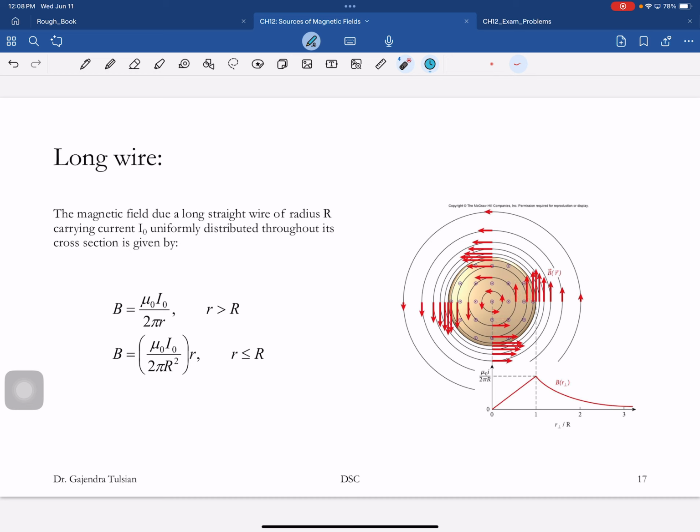The magnetic field will be strongest on the surface, and once you are out of the surface, it falls off as 1 over distance. That's what this is showing you: the strength of the magnetic field. Capital R is the radius of the wire. Till you get to the surface, the magnitude of the magnetic field increases, and then once you are out of the surface, it falls off as 1 over r.